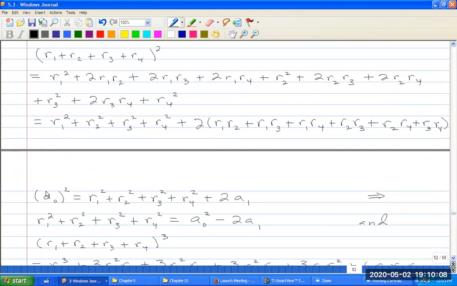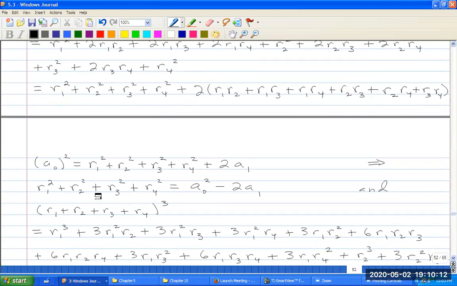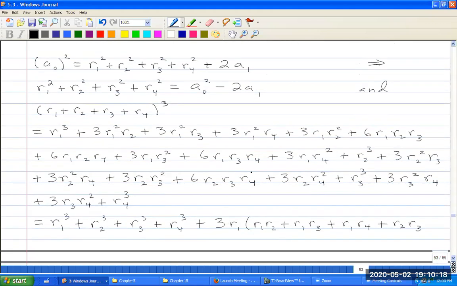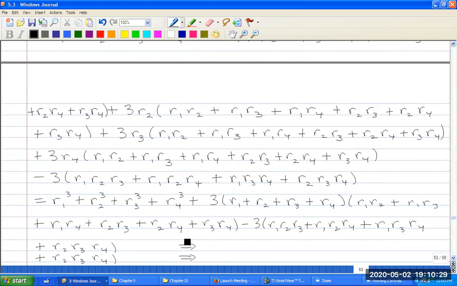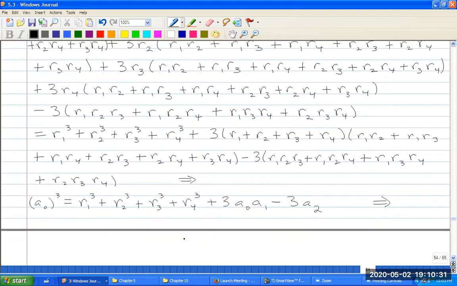You get A sub 0 squared is equal to the sum of the squares plus 2 A sub 1. You get that the sum of the roots cubed can be written as the sum of the cubes plus 3 times A0 A1 minus 3 A2.